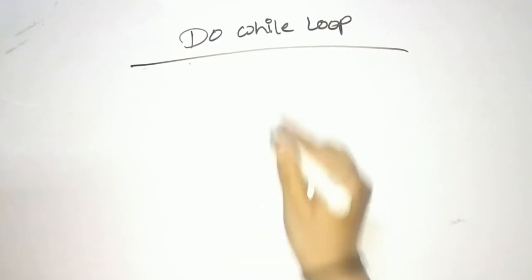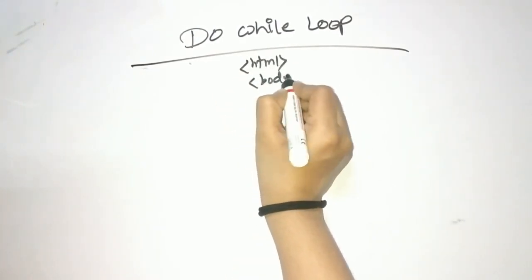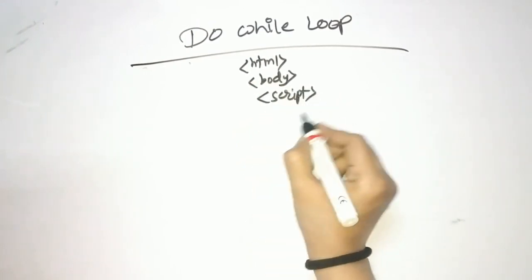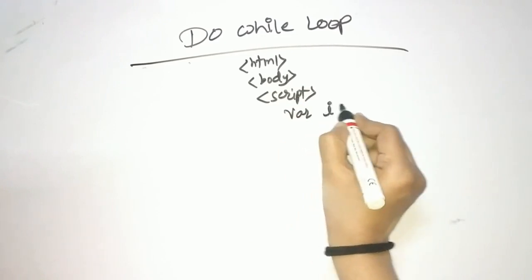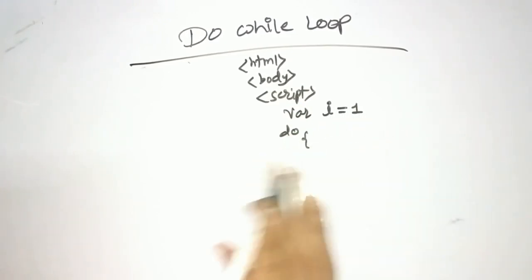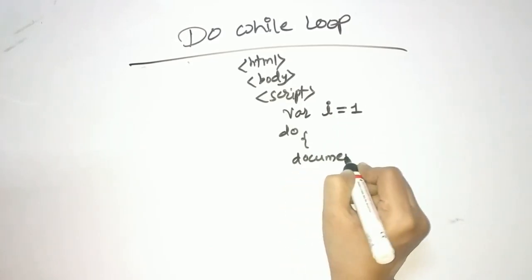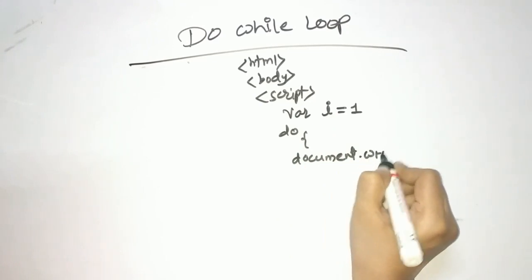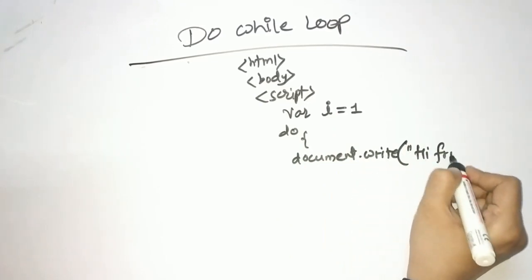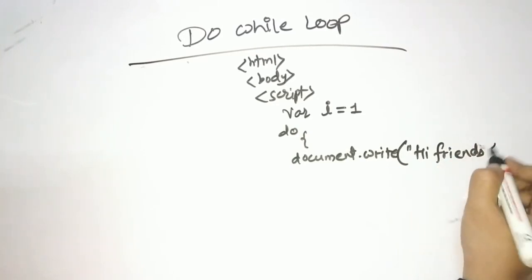First of all we'll write an HTML tag, then a body tag, then, as the scripting language is JavaScript, we'll write a script tag. Then the initial value of the variable is 1. Then we'll write a do. Do means whatever is given here will be performed. So we'll write document.write, and in the brackets we'll write hi friends or any statement which you want to print. Here we'll write a break statement.